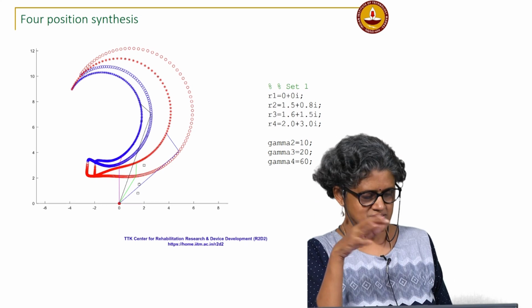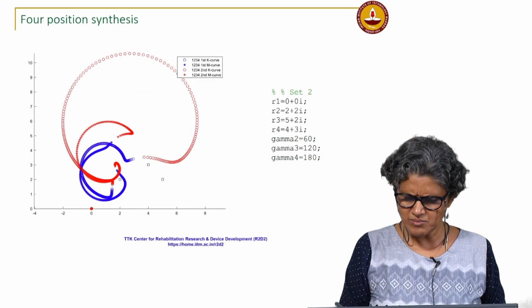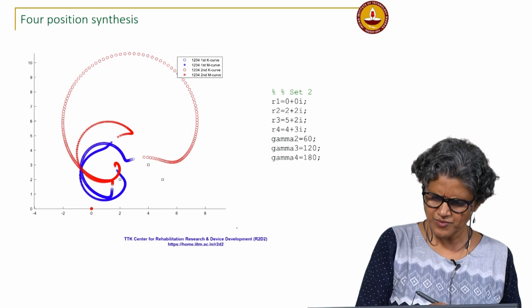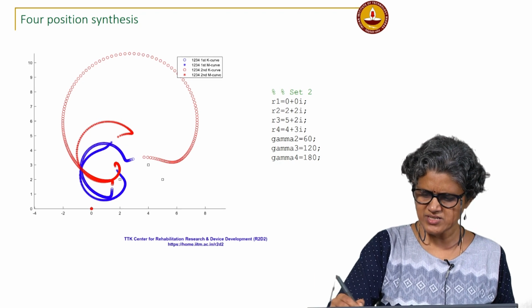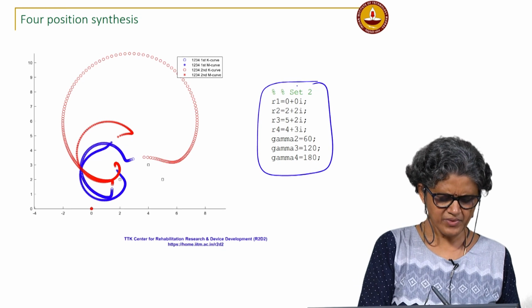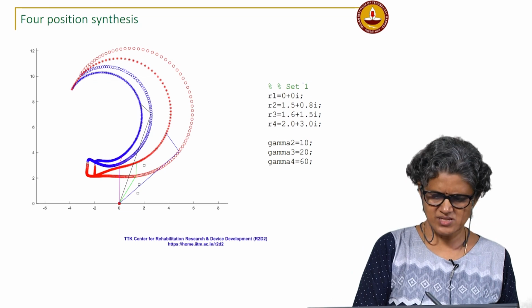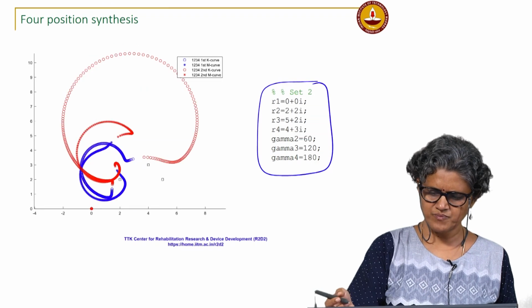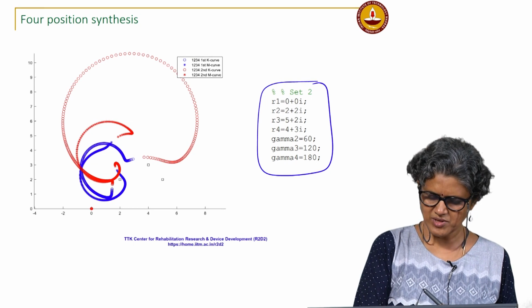Okay. There is a lot of mathematics in this thing. I have just plotted some. So, this is for some other set of conditions. So, they can look very different. The first one was for set 1 and this is just for different precision points and rotations of the coupler plane.